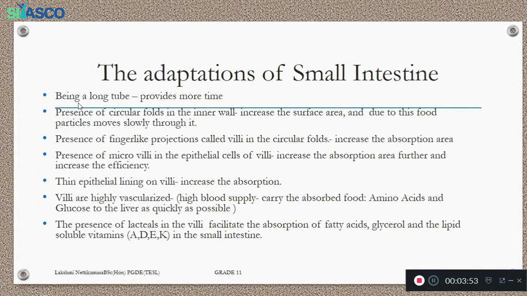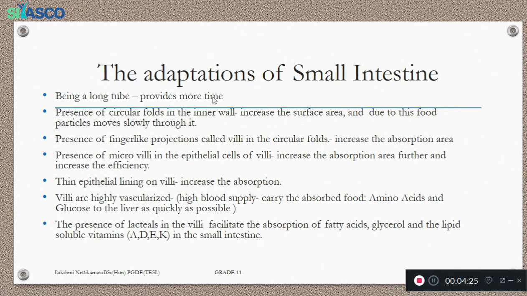It is a very long tube. I have mentioned it as 7 meters long. Because of this length, it provides more time for the food to remain in this long tube and move very slowly. Because of this slow movement and being in the tube for a longer period of time, what will happen?